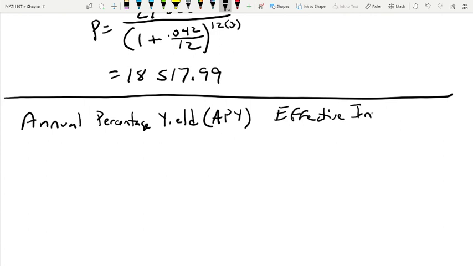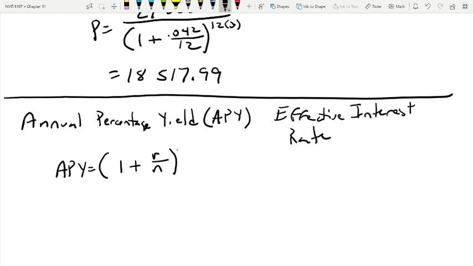Okay. So we're going to calculate that. So the APY is given by 1 plus the rate R, 1 plus R over N to the N minus 1.